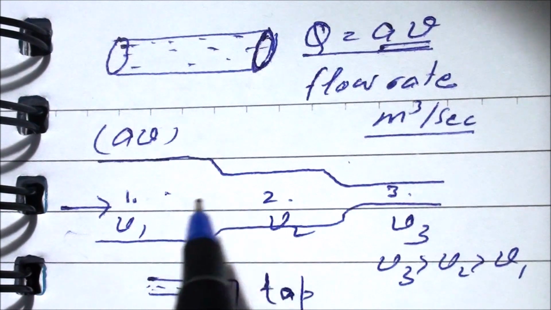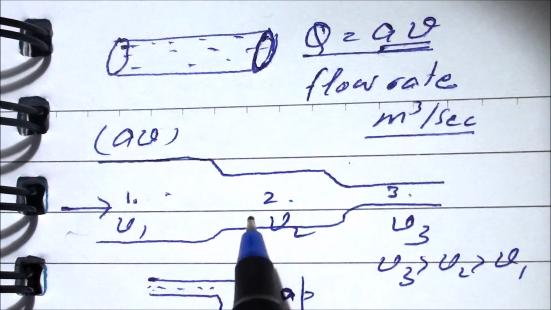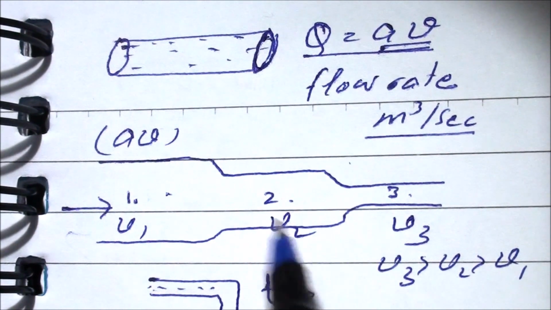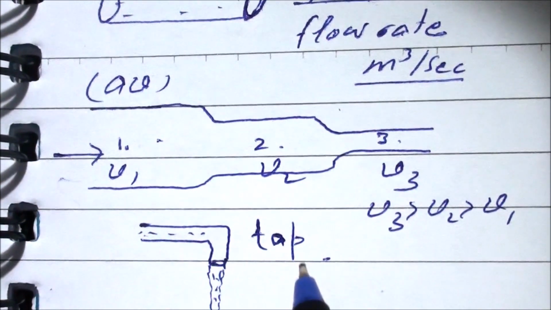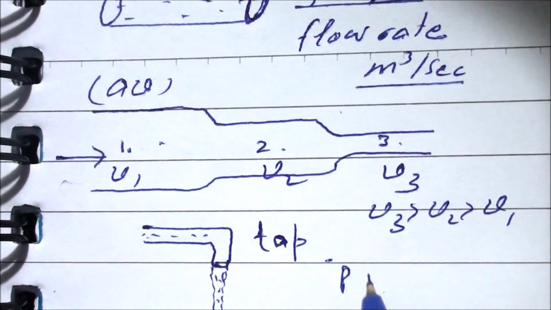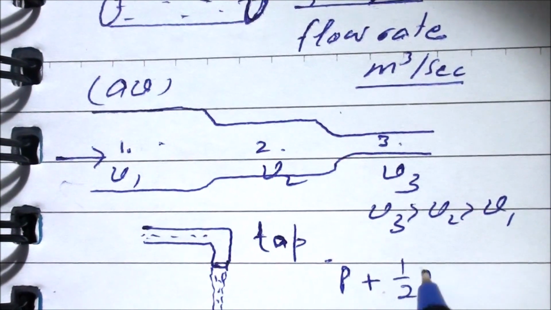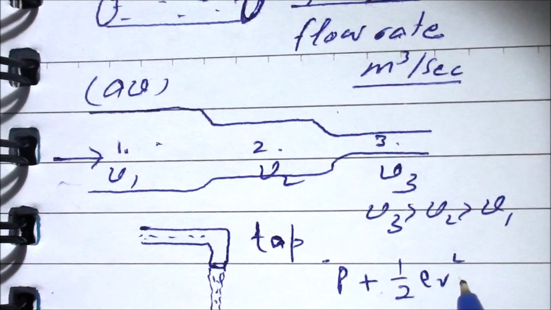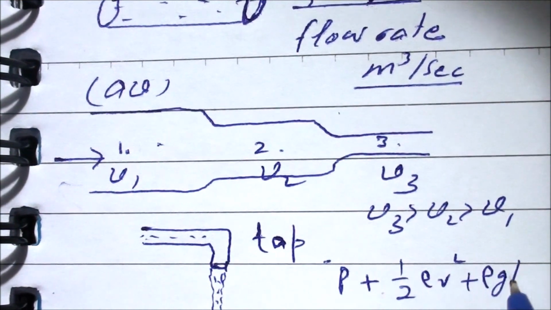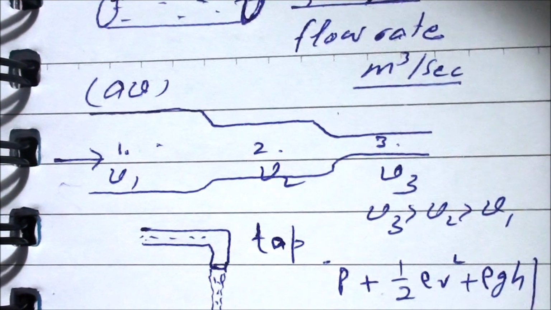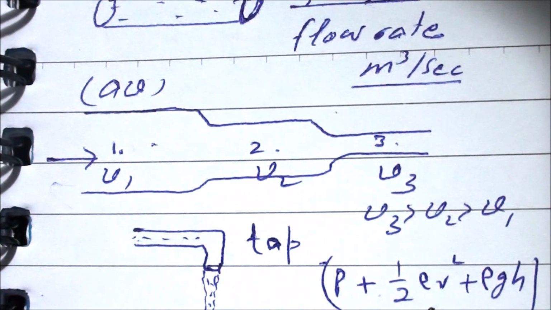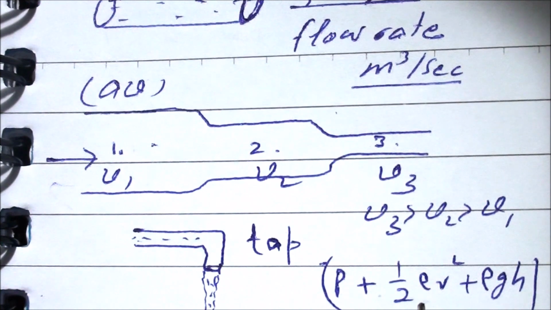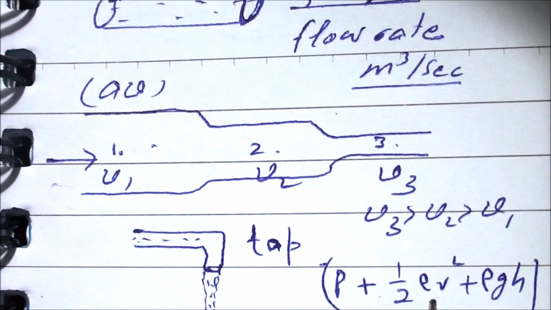And if we can recall Bernoulli theorem, the sum of pressure, kinetic energy per unit volume and potential energy per unit volume remains constant for an ideal liquid, a liquid with zero viscosity and zero compressibility, in streamline and irrotational flow.